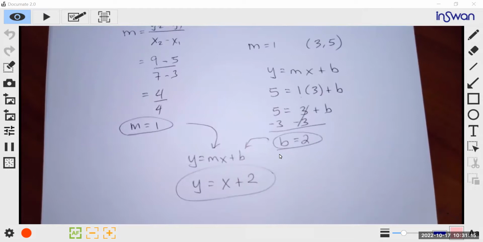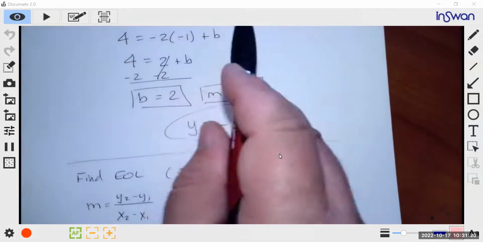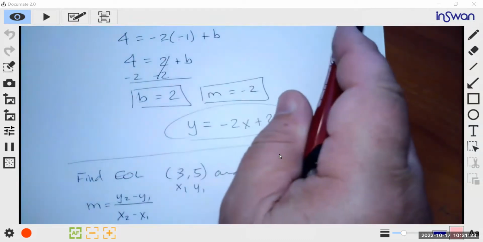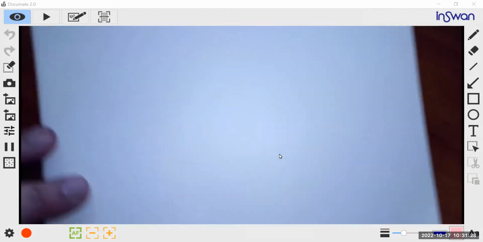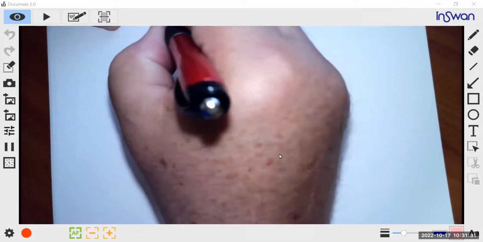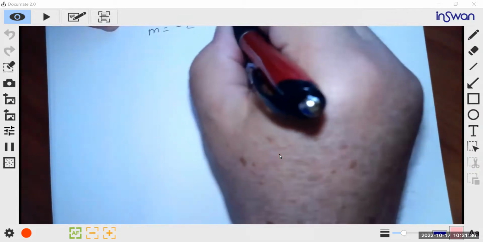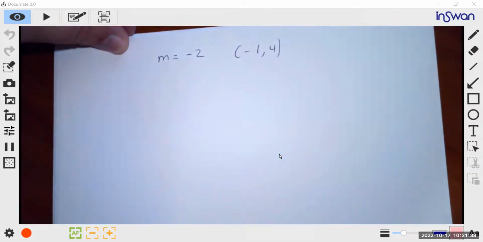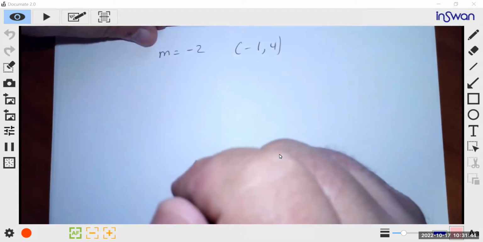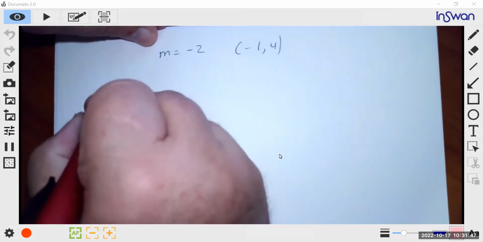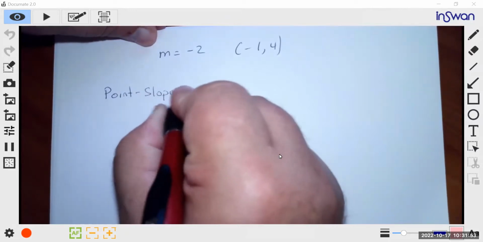There's another method we could use. Let's look at this information here. We have slope is -2 and the point is (-1, 4). And we know that's the answer. Since we're given a point and a slope, we can use something called the point slope form.